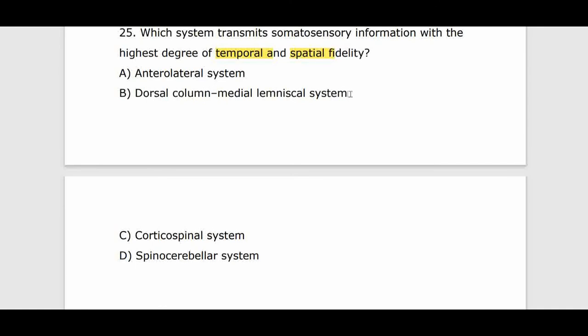The spatial aspect is that the arrangement of the nerve fibers, and the message they are carrying, in relation to the part of the body they are coming from is better organized in the dorsal column, and the information is transmitted more rapidly. So that is the meaning of temporal and spatial fidelity. The information is that it is more and better in the dorsal column than the anterolateral system.